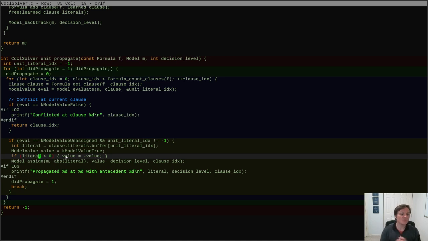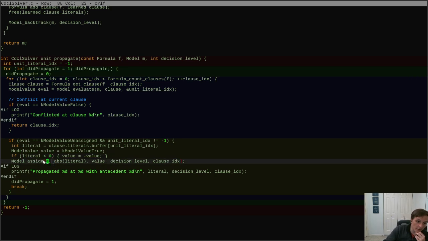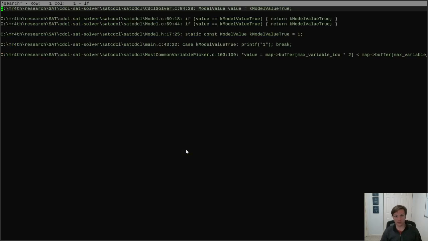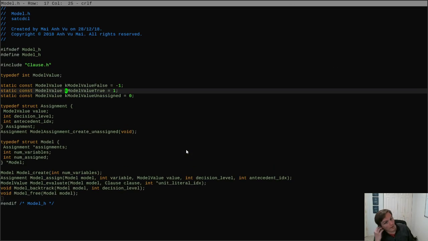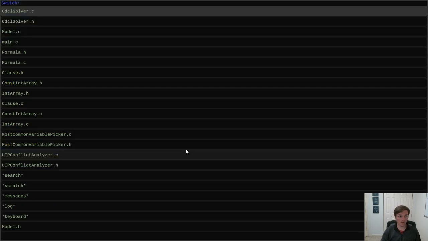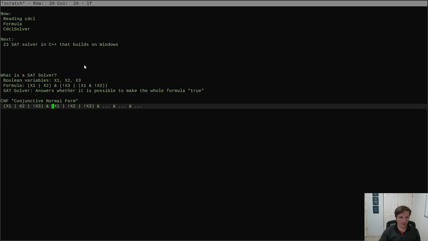Oh, okay. So we just learned something that I haven't found yet. Literal here, do you see this? If literal is less than 0, value equals negative value. What is that doing? Remember, true and false were 1 and -1, right? Somewhere along the way we had to encode the concept of not.